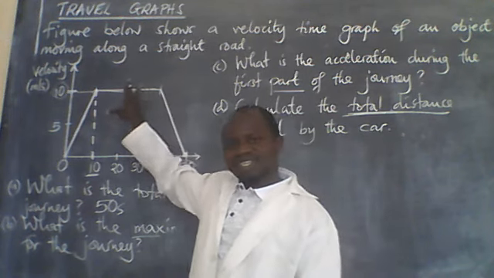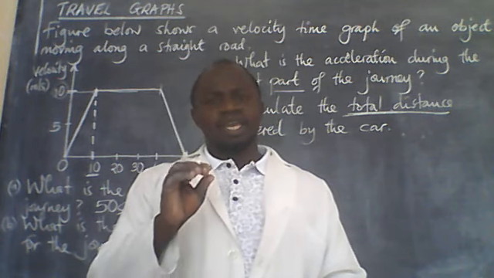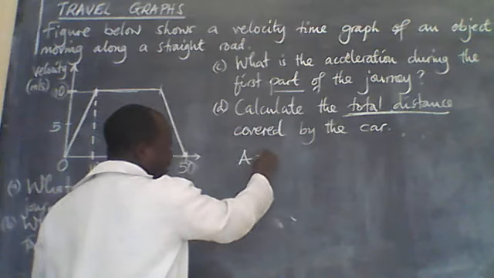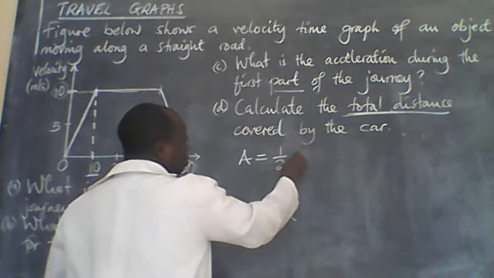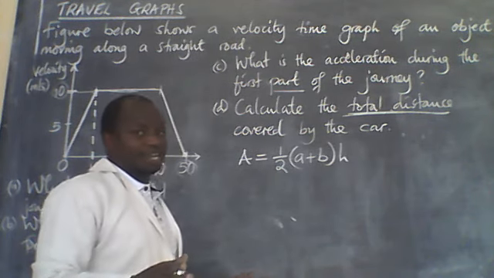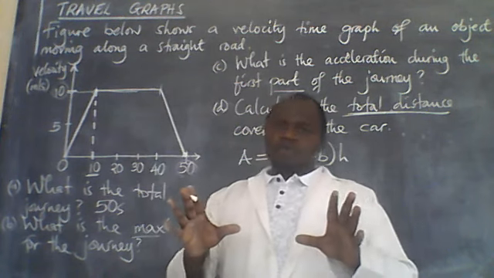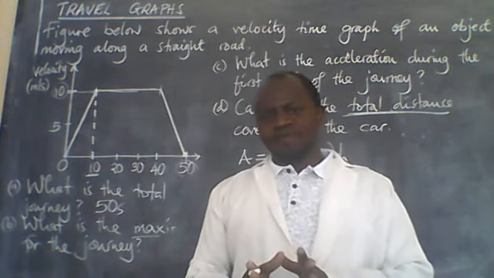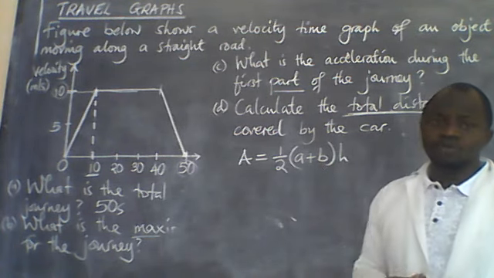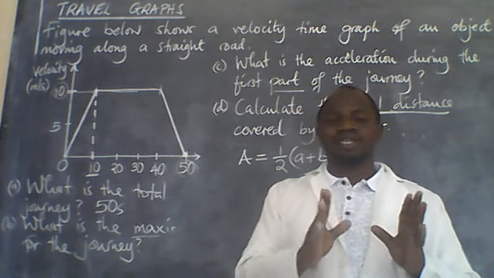So, since this is a trapezium, I will be able to say area of the trapezium is, the formula is always equal to half (A plus B) H. That's the area of the trapezium, which is this shape here. If you don't want to go that way, for example, if you have forgotten the area of the trapezium, you can still partition the shape. You'll still be able to find the same answer.